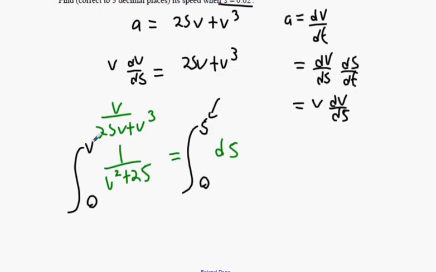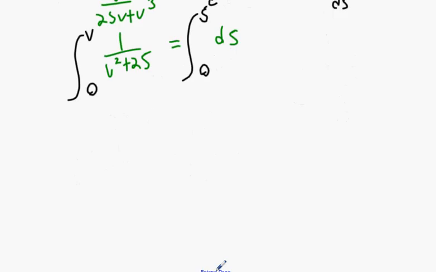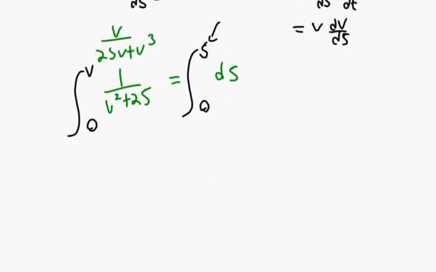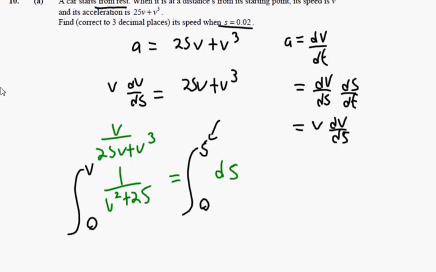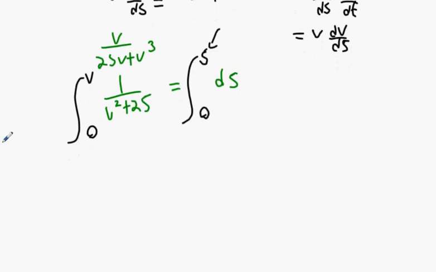So that's v. Now, what is its speed when s is 0.02? Okay, so that's tan inverse. That is the integral of 1 over v squared plus 25, which is 1 over 5 tan inverse v over 5, because you change 25 into 5 squared and look up the tan inverse rule.